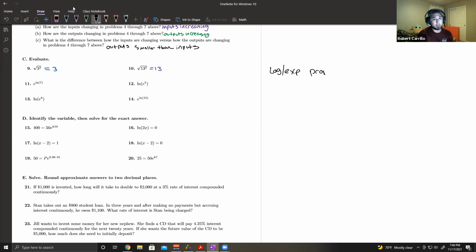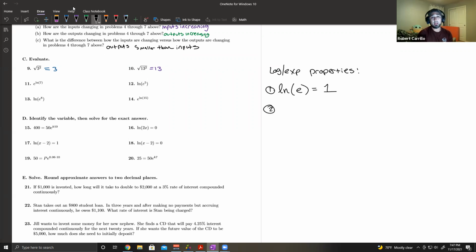Property 1: if you ever have the natural log of e, this will always cancel and become 1. So the natural log of e is 1.